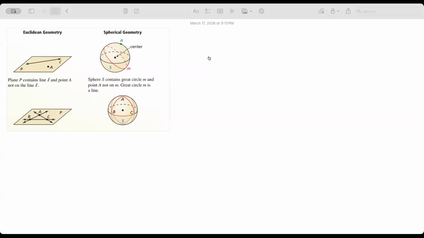Do you think there'll be multiple lines? Okay, let's find out. You know the red line, let's say the great circle M. Here you have line L.